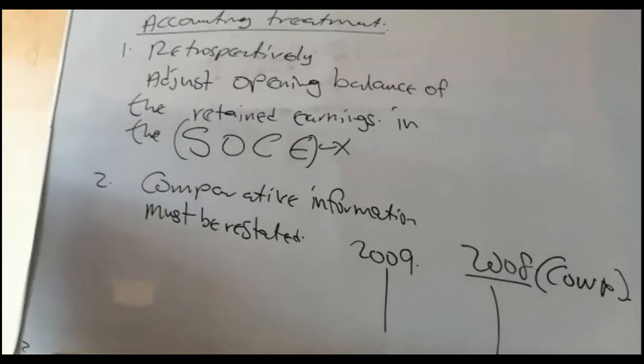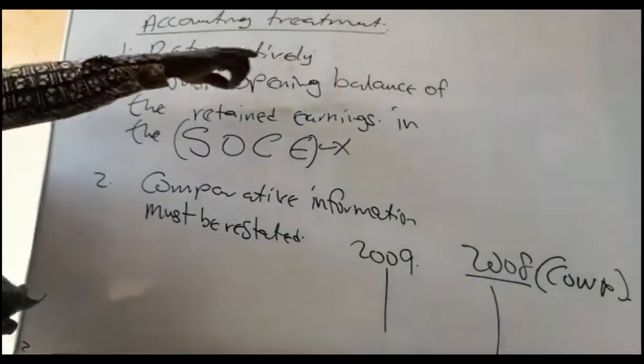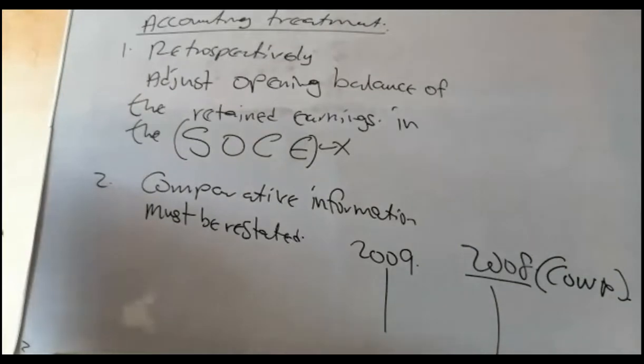What do you do? So sometimes retrospective application is impracticable. So we have circumstances where the retrospective application might no longer be applied or will not hold.